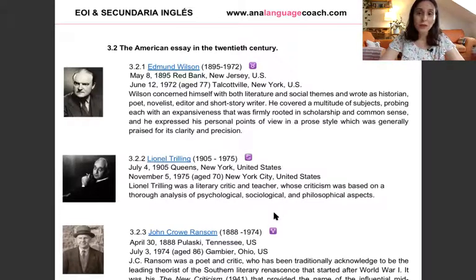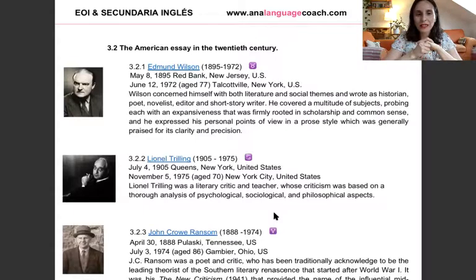He covered a multitude of subjects, probing each with an expansiveness that was firmly rooted in scholarship and common sense. And he expressed his personal points of view in a prose style which was generally praised for its clarity and precision. Okay, so this is Edmund Wilson.